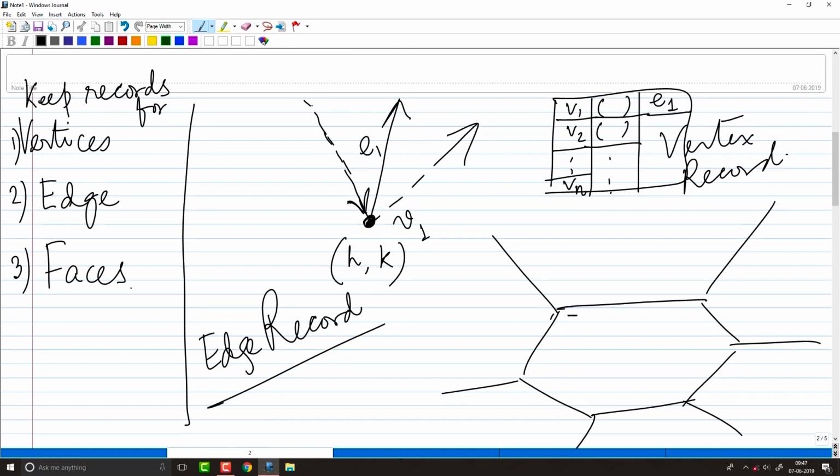For each edge E in the record, I will keep two orientations of it. Say if you fix on this convention that I will orient the faces in a particular direction, say clockwise, then in your vertex record you store the edge E as this, and the other one you store as its twin.